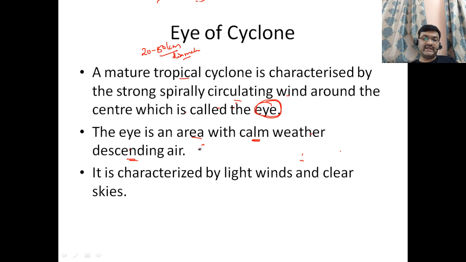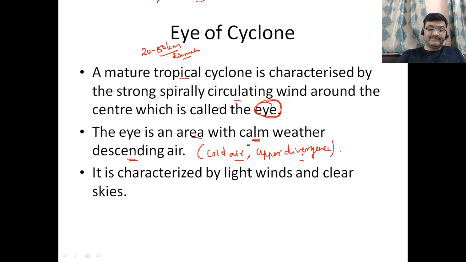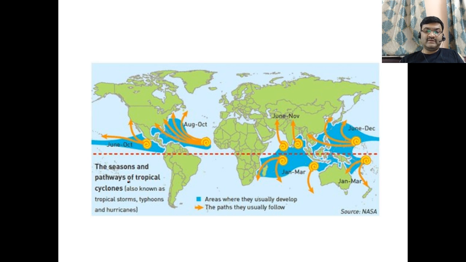What is this descending air? It is cold air moving into the cyclone from the upper divergence. Remember this part: the eye will have descending air, not ascending air. So it is characterized by very light winds and a clear sky, without any formation of clouds.